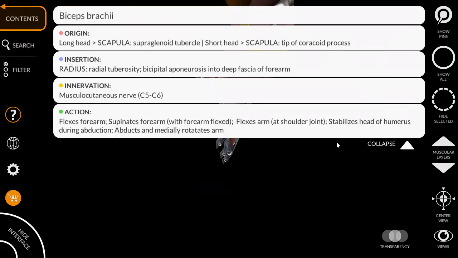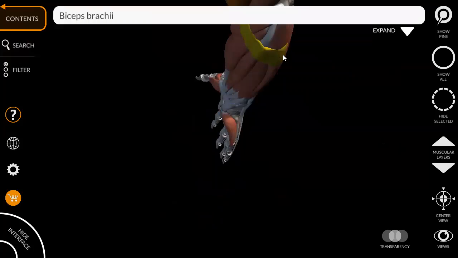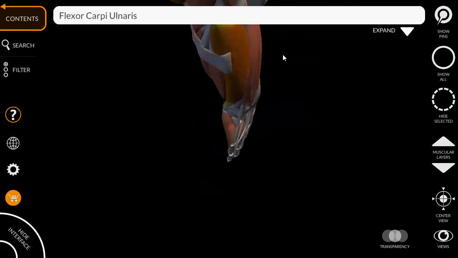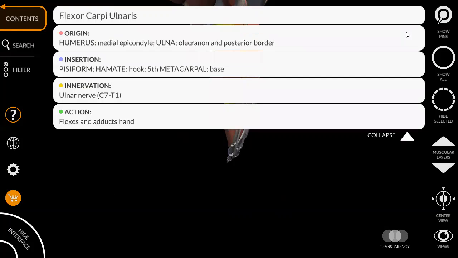This is an aponeurosis right here, and it innervates flexor carpi ulnaris. Okay, this one is called flexor carpi ulnaris, which flexes and adducts the hand on the ulnar side. It inserts in the pisiform, the hamate, and the metacarpal base. This one I've explained.